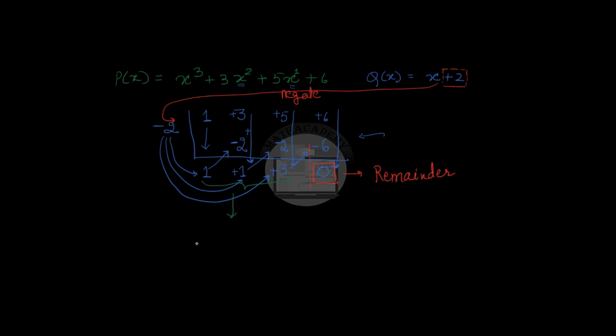So the quotient expression will be 1 into x square plus 1 into x plus the constant term 3. So this is our quotient and the remainder is 0. If the remainder is 0, this means that the function q(x) is a factor of function p(x) because it is dividing p(x) completely.